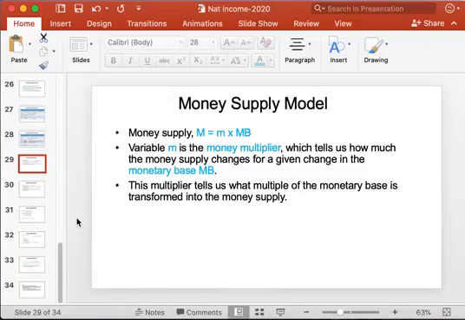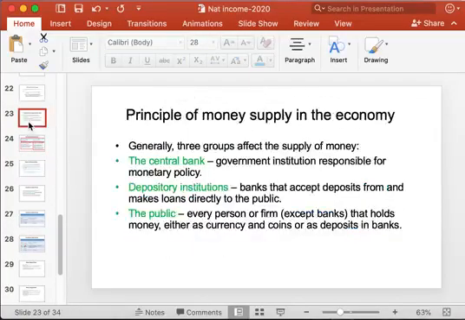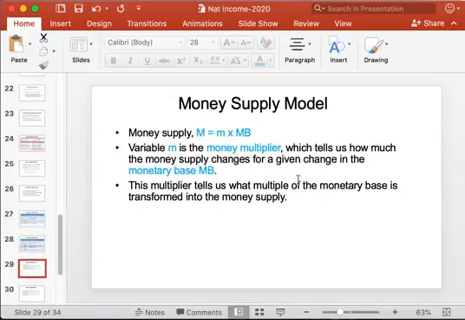Now the supply of money contributed by the three actors in the economy: the central bank, the depository institution, and the public, can actually be developed into a mathematical model, which is given by this formula for money supply: M equals small m times MB.